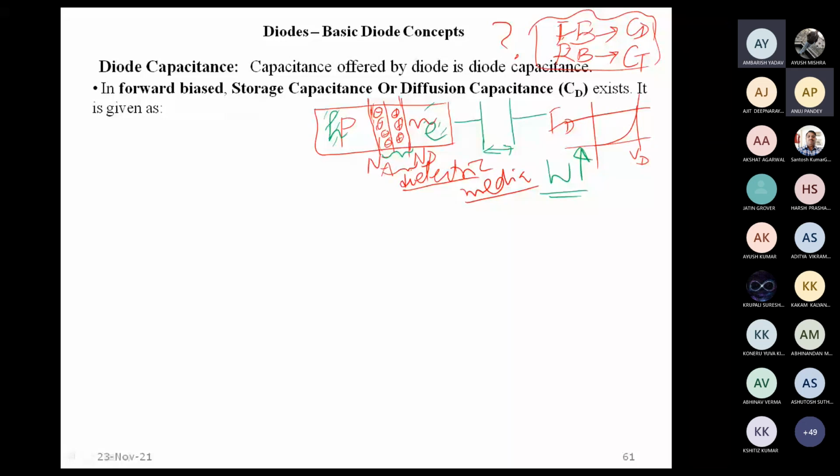So this is not a fixed value, but may change. And this is actually behaving like a parallel plate, because with the applied voltage the depletion width increases.